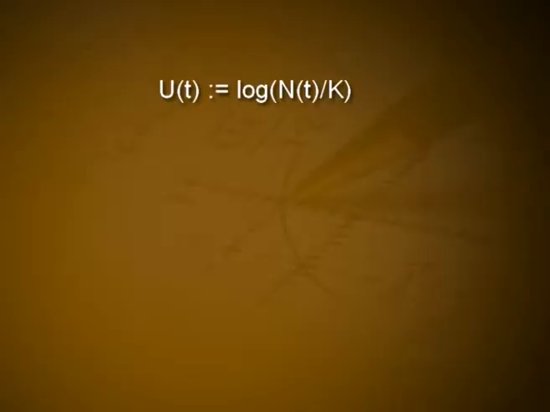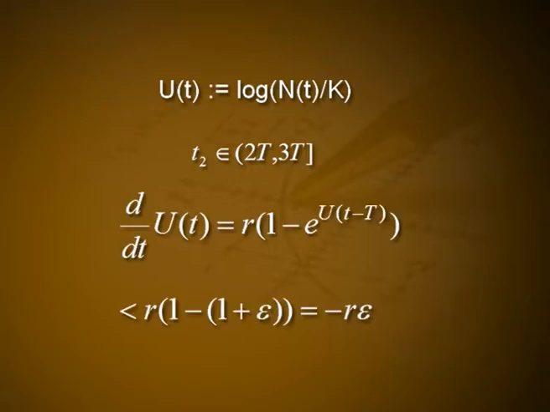Now set u(t) as log of n(t) by k and consider for t in 2T to 3T, d/dt of u(t) is equal to r times 1 minus e to the power u(t minus T), which is less than r times 1 minus (1 plus epsilon), which is equal to minus r epsilon.